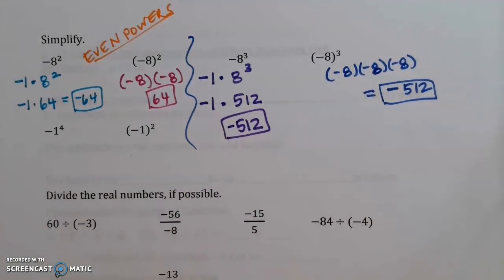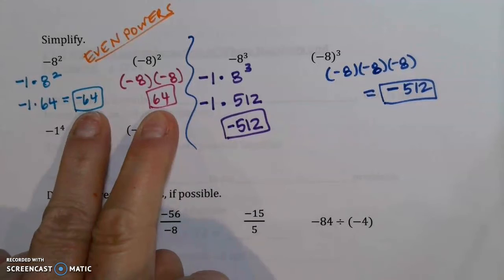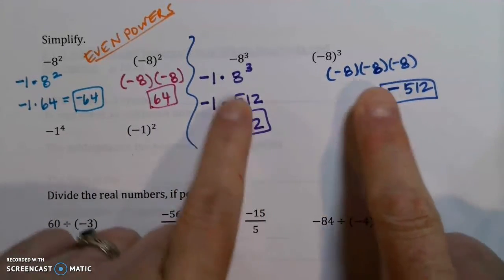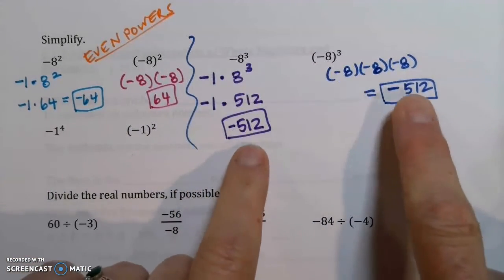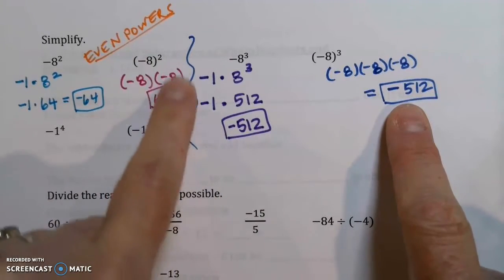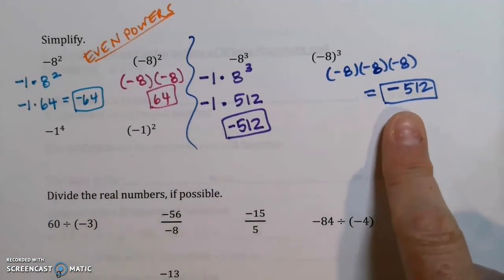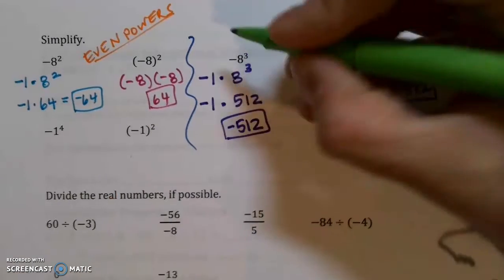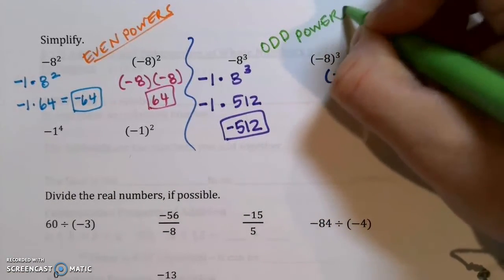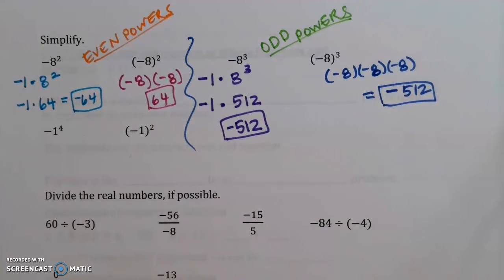So with even powers, these two expressions will be different. With odd powers, these two expressions end up being the same because the negatives don't cancel out like they do in this situation. So with odd powers, they will be the same. Even powers, they are not.